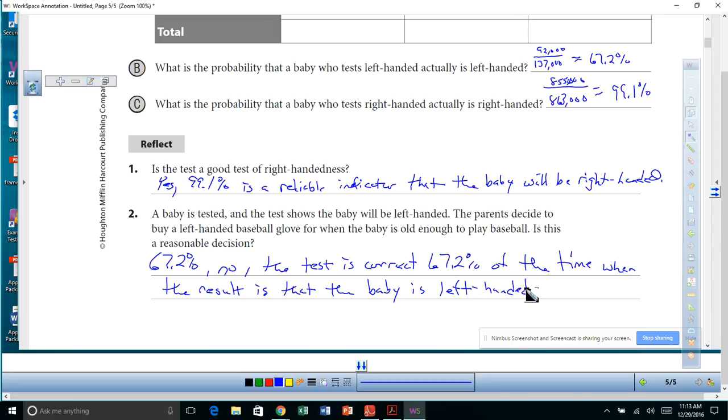So if the test says the baby's right-handed, that's pretty good, 99.1%. But if it says it's left-handed, we ought to be careful about that.